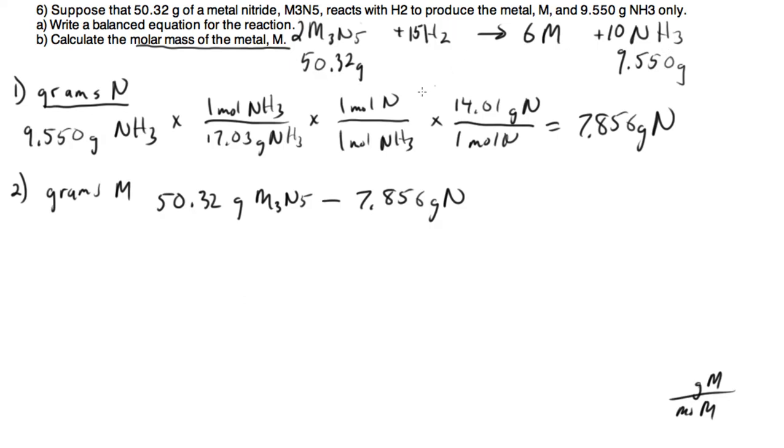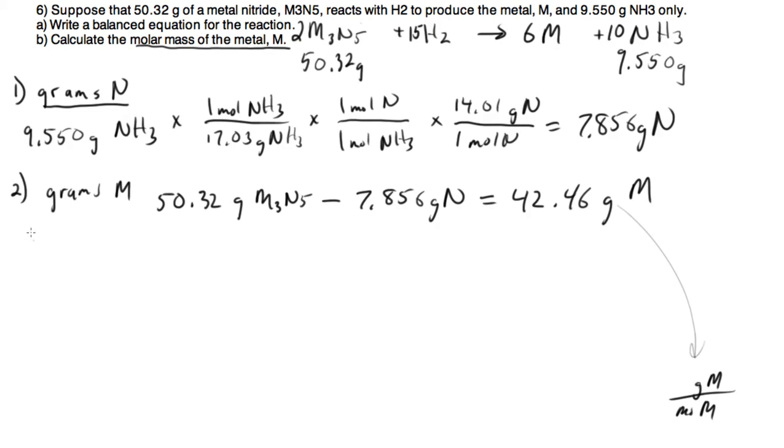All the nitrogen on the left is in this compound. So this N is the same in both places. That's why I can subtract it. All right, so this gives me 42.46 grams of my unknown metal. All right, so I'm halfway there. I've got my grams.